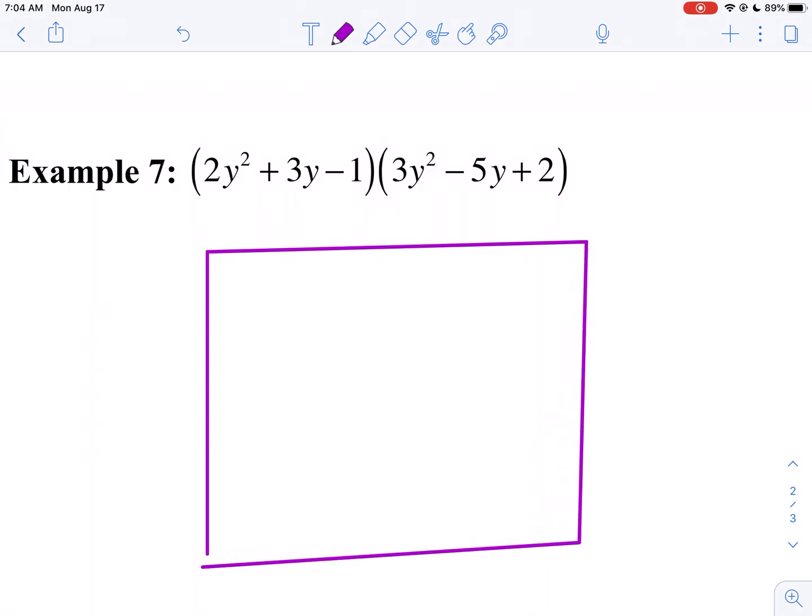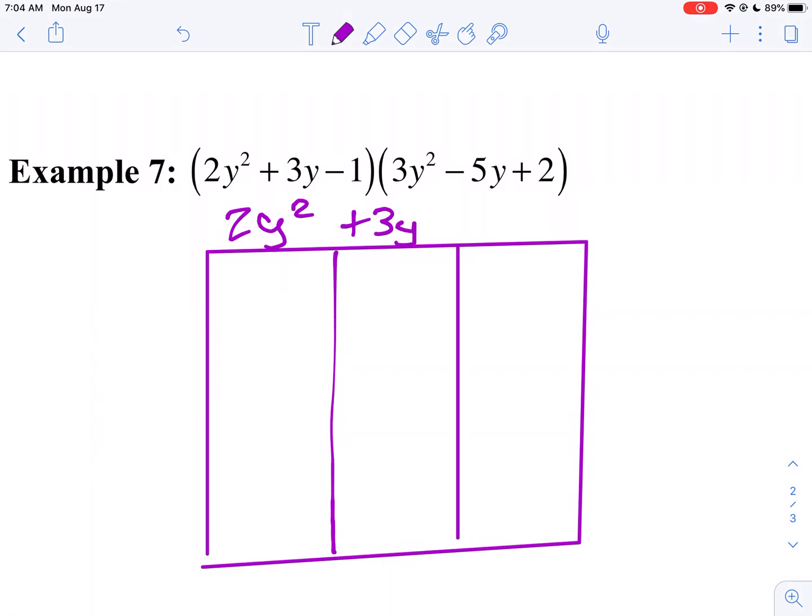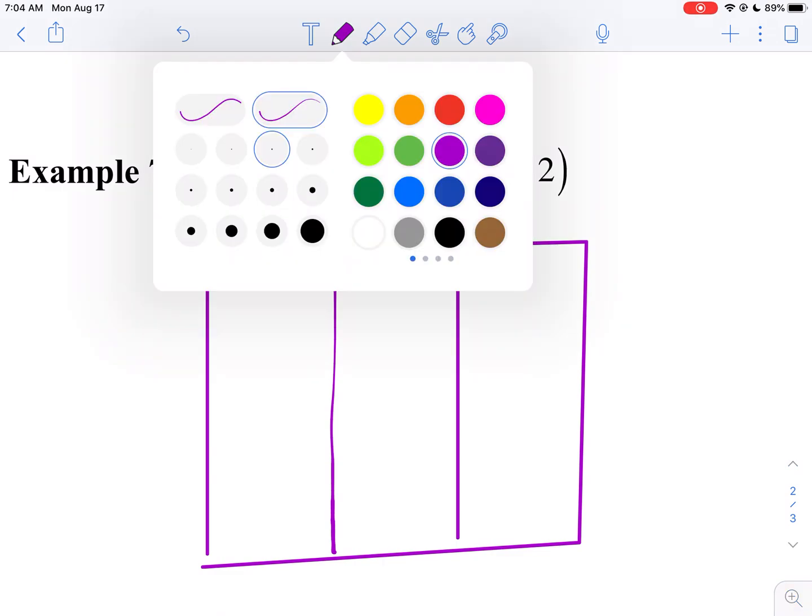Now, across the top, I didn't make a very good box there, but across the top I'm going to put 2y squared, positive 3y, and negative 1.